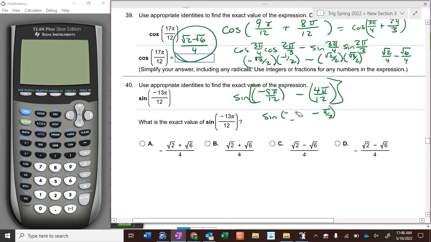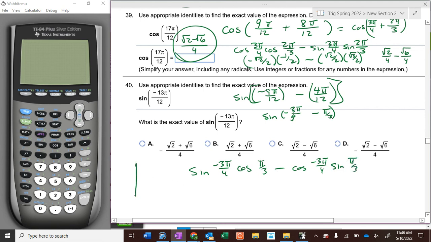So negative 3 pi over 4 minus pi over 3. So it's sine of negative 3 pi over 4 cosine of pi over 3 minus cosine of negative 3 pi over 4 sine of pi over 3.